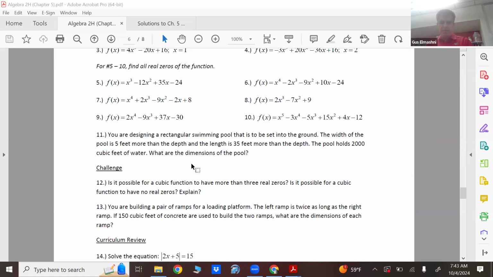So let's do something like number 5. I think that's gonna be more typical of what you'll see. So what are factors of -24?